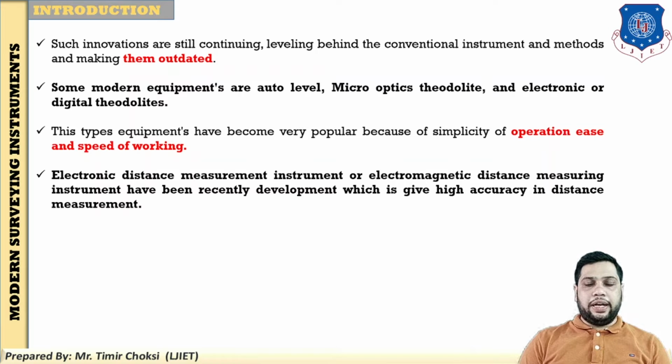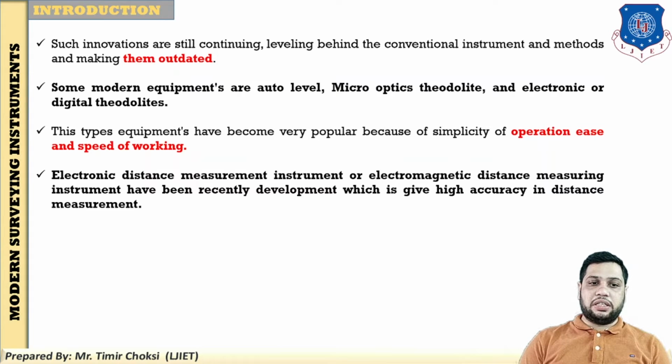You know that in India and all countries, construction projects are more than in other fields. So the main factor is speed of working and high accuracy, because larger projects are there. Under this condition, you use electromagnetic or electronic distance measurement instruments. So nowadays, this type of instrument is used.